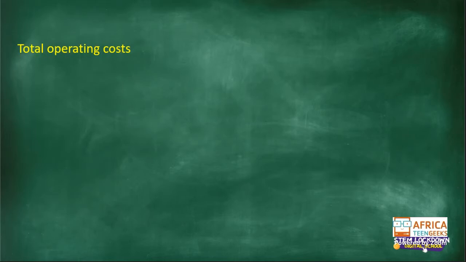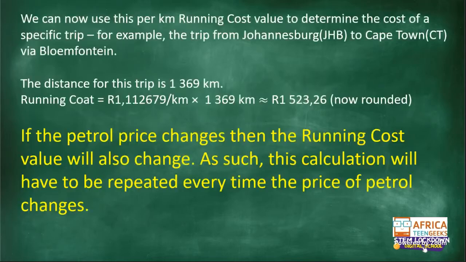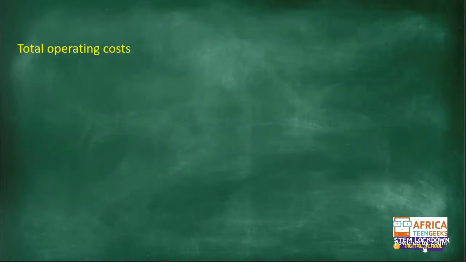Some people may think that we are done when we say the trip will cost you 1,523 rands and 26 cents. But there's something called the total operating costs of a vehicle.